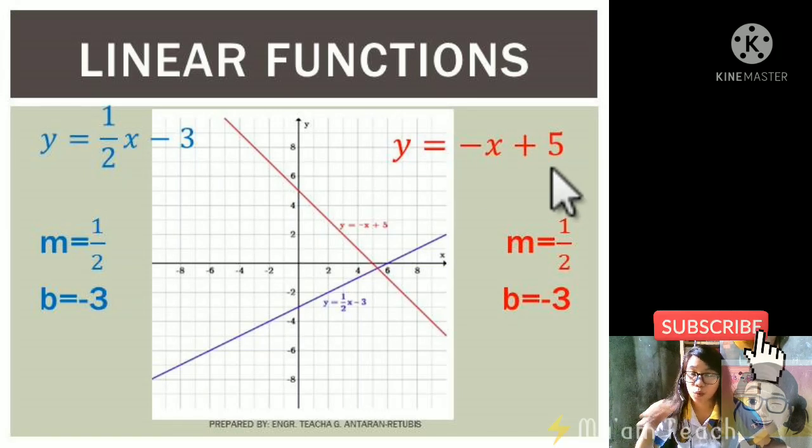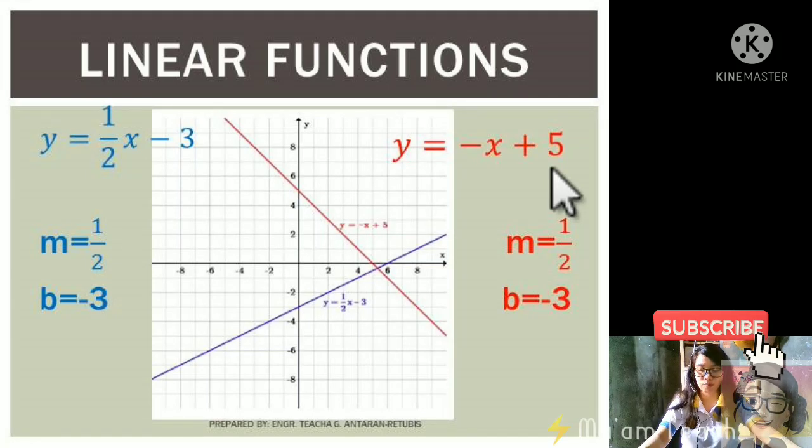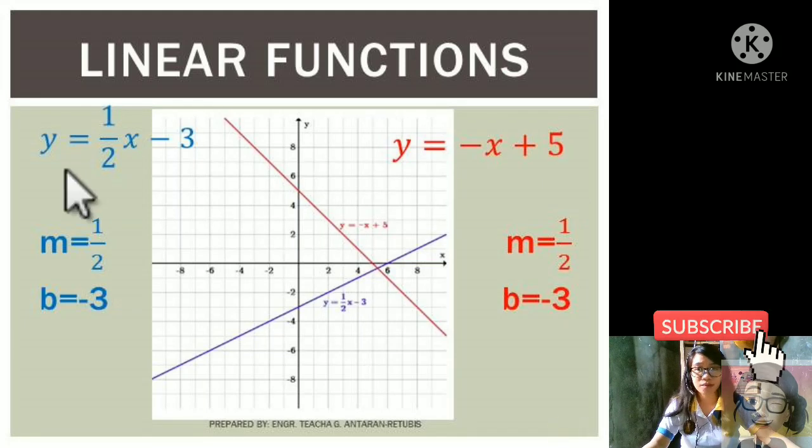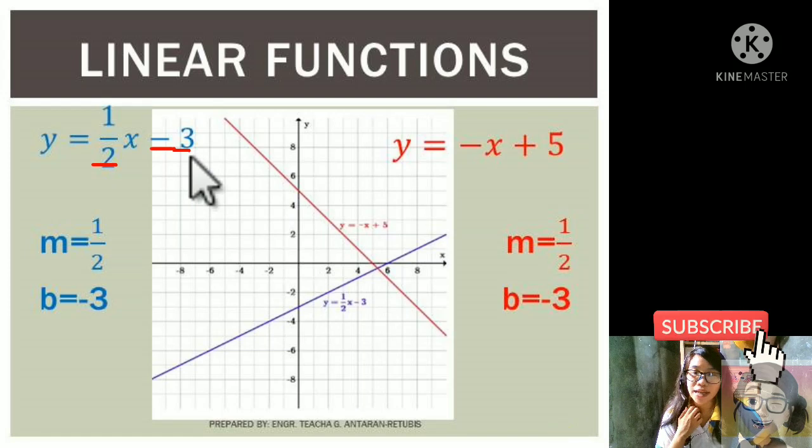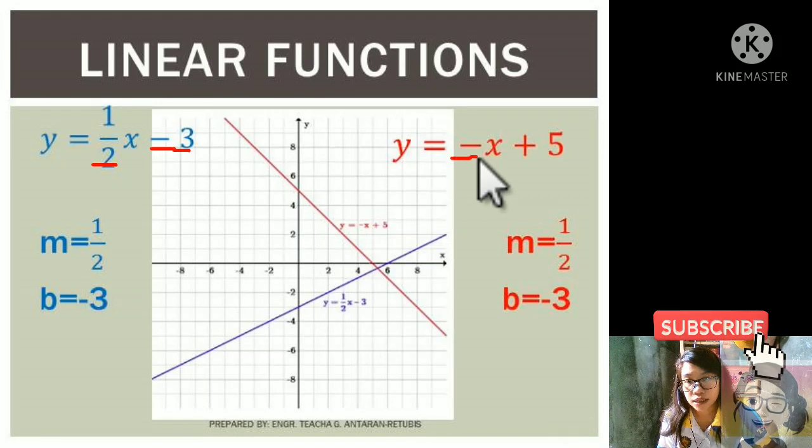Based on the slope-intercept form, the m for the blue line is 1/2, while its b is negative 3. For the red line, our m, our slope, is negative 1, or the coefficient of our x, while our b or y-intercept is this.